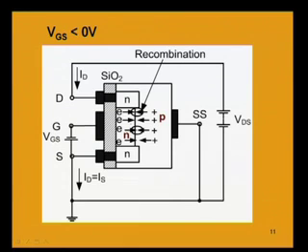Here the threshold voltage is negative, which has to be kept in mind, because we are applying a negative gate to source voltage, and the threshold voltage is that negative voltage between gate and source when the current from drain to source will be 0. So, this is the reason why this type of MOSFET is known as depletion type MOSFET.